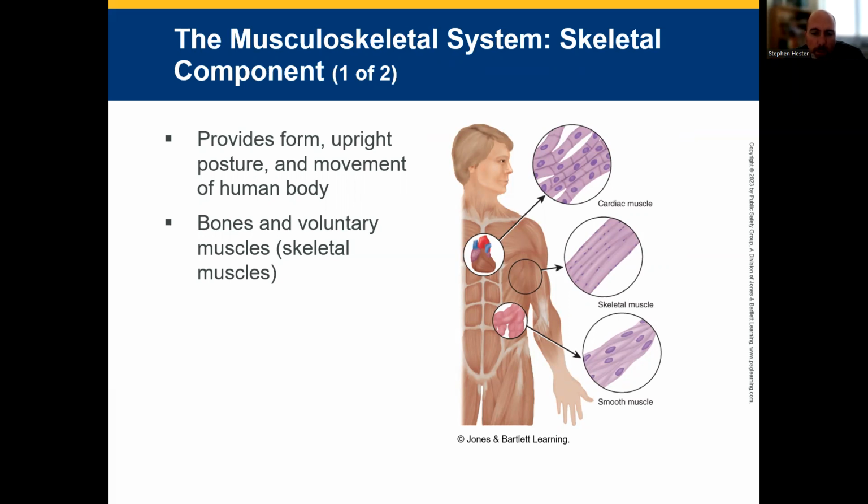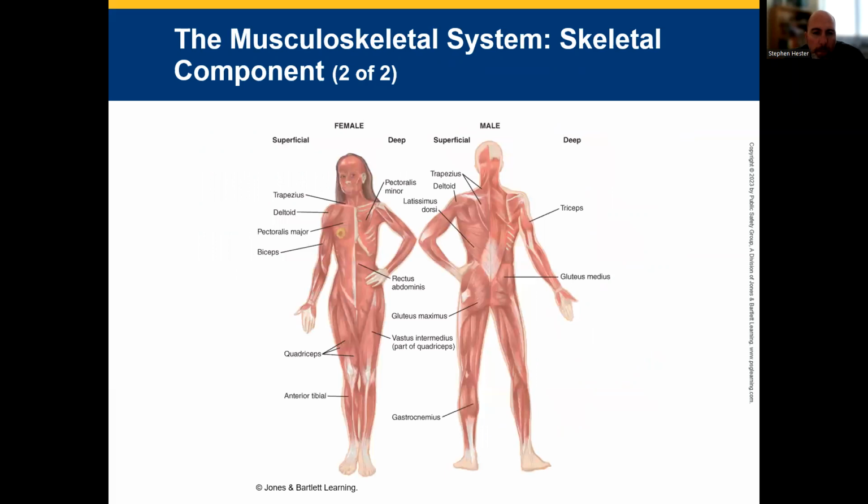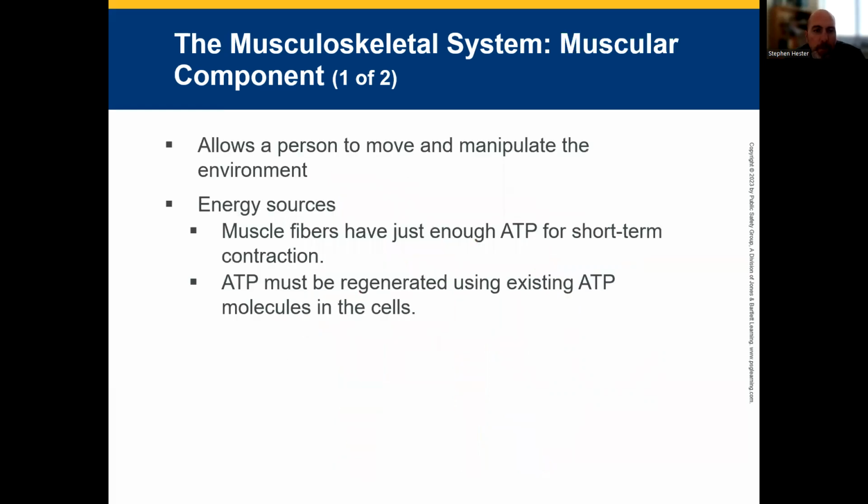You see a little bit bigger nucleus there. Different muscles and their names throughout the body here and what they're used for. All right. Allows a person to move and manipulate in their environment.